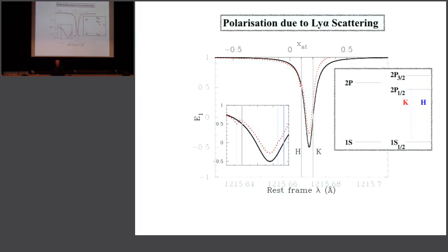But I think in this sense we've just been explaining K and H, what's happening, but the most obvious thing that I'm not mentioning is the bizarre shape of this thing, right? This E1 goes negative, so I'm not even sure what that means. It's like the weight of dipole scattering goes negative.